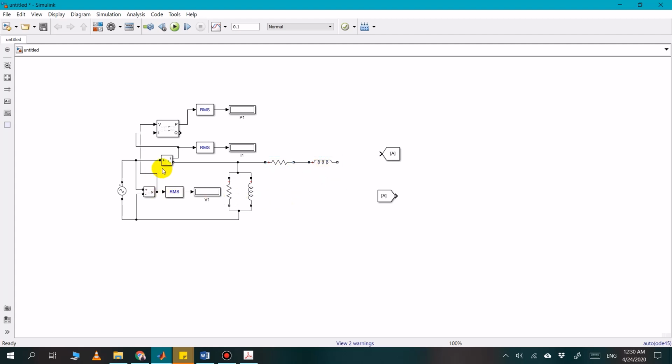Now we need to connect emitter. This is a load.